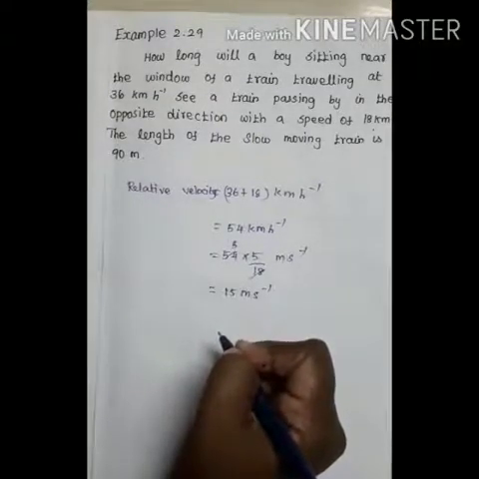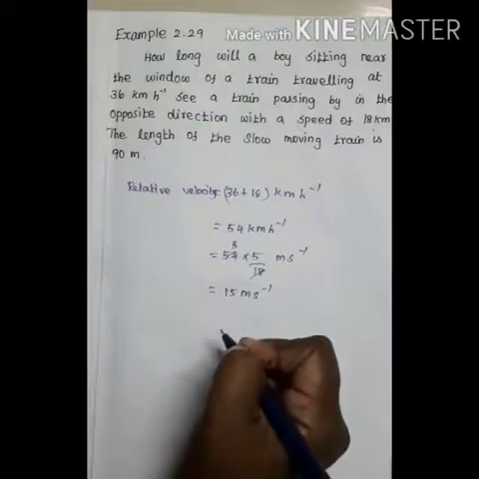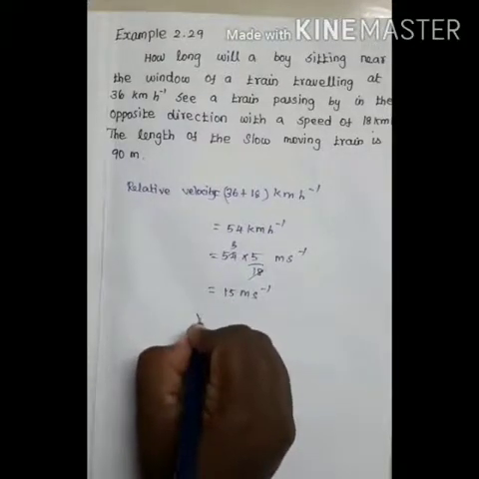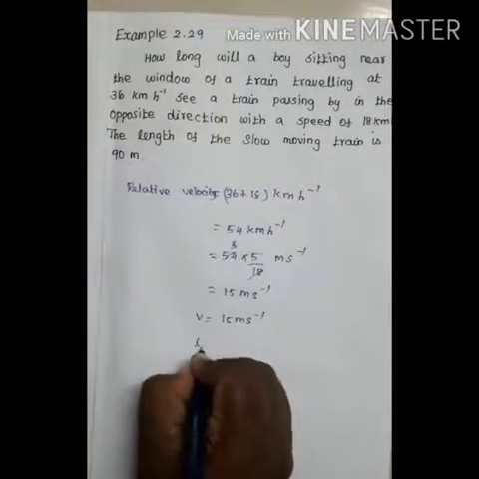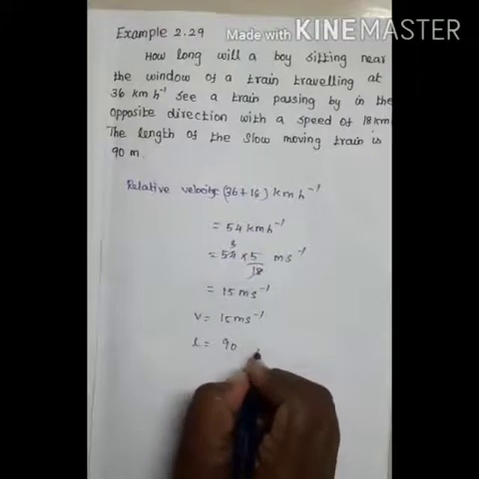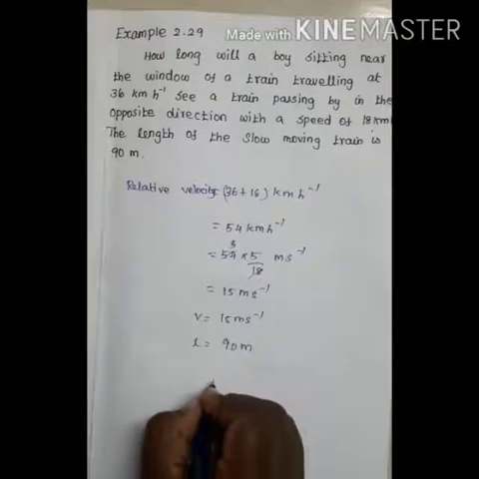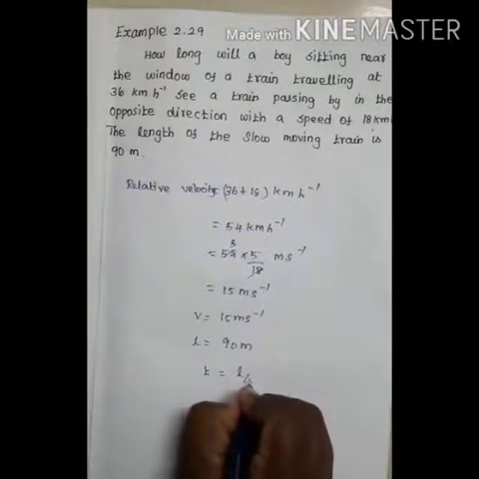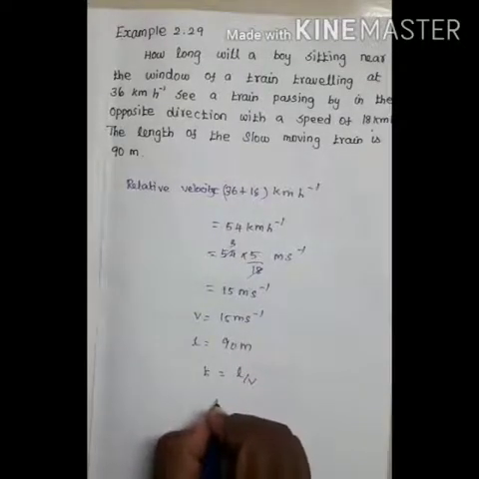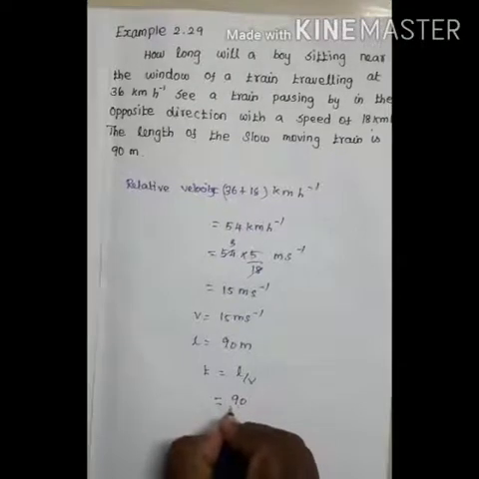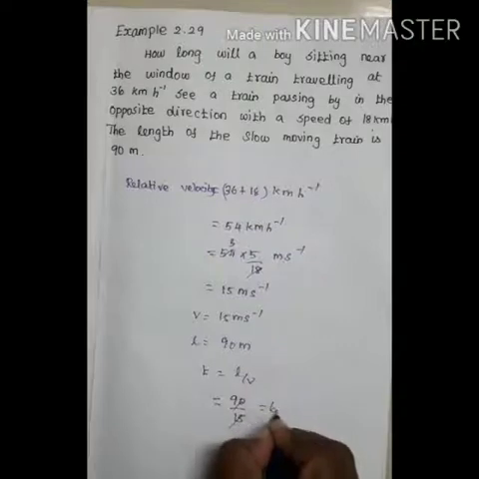Since the boy will watch the full length of the other train, to find the time taken to watch the full train: the velocity V is equal to 15 meters per second, and the length L is equal to 90 meters. Therefore, time period t is equal to L by V. Substituting L is equal to 90 and V is equal to 15, t is equal to 6 seconds.